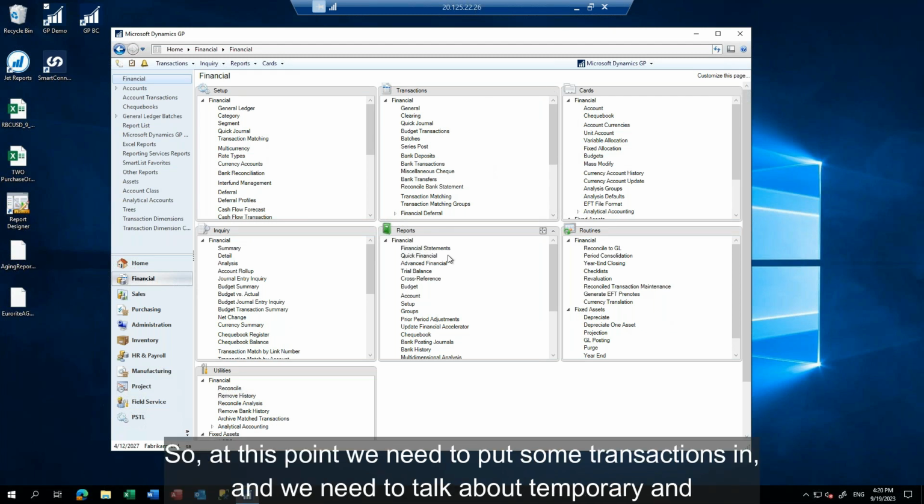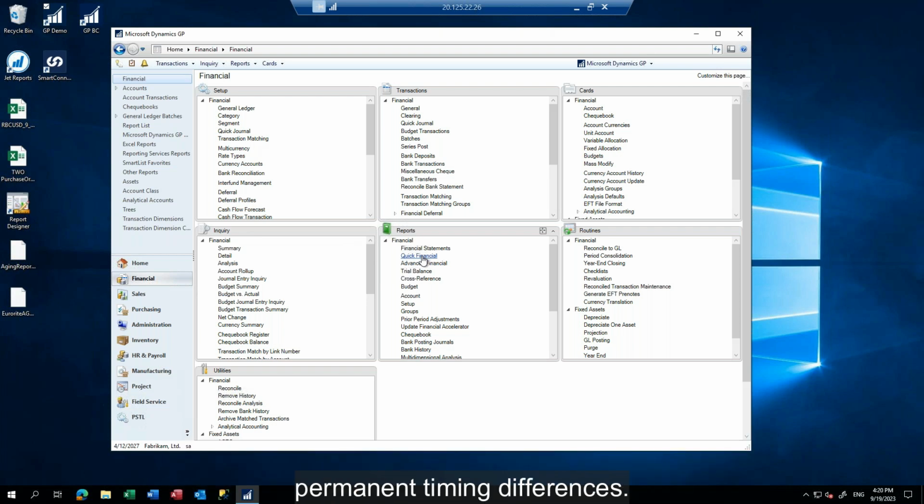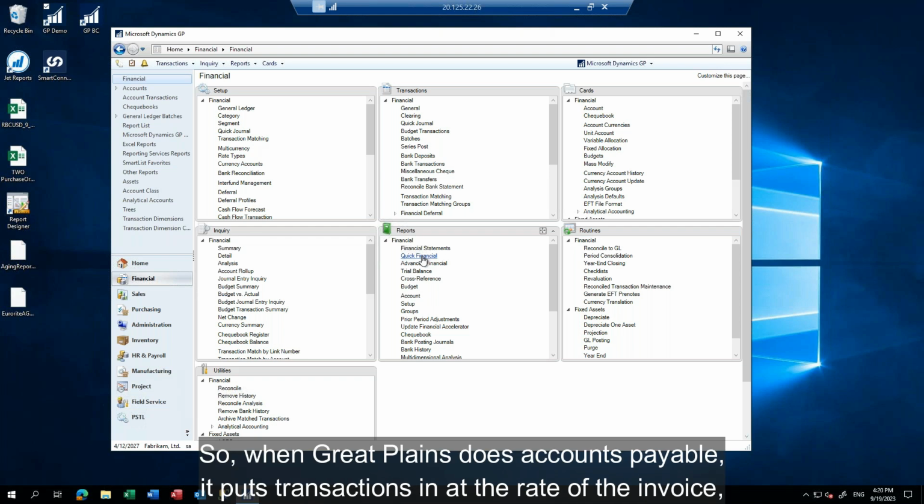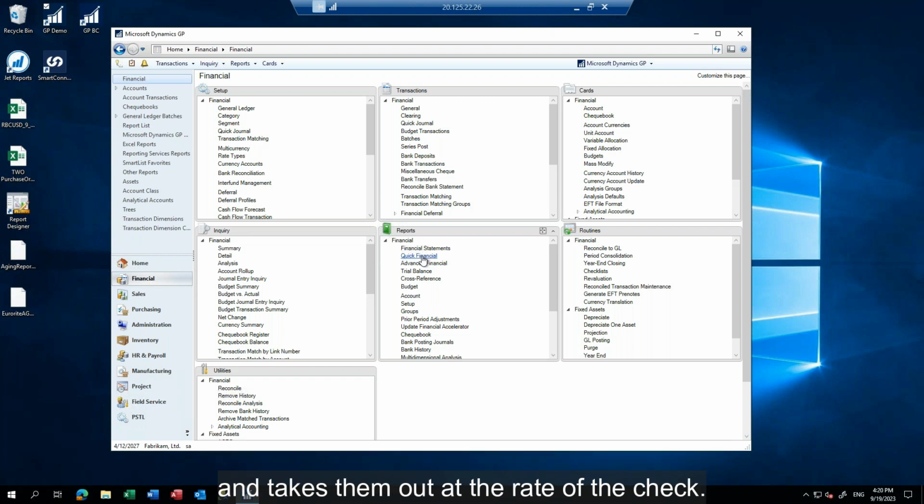At this point, we need to put some transactions in, and we need to talk about temporary and permanent timing differences. When Great Plains does accounts payable, it puts transactions in at the rate of the invoice and takes them out at the rate of the check.